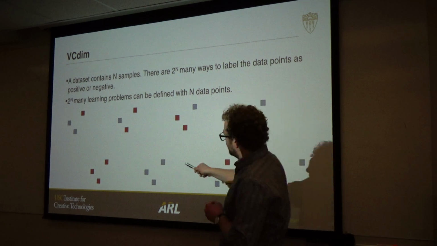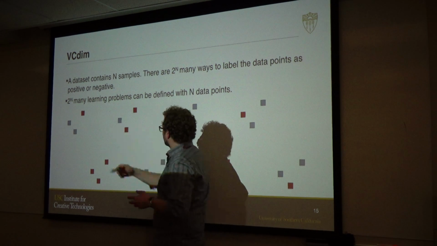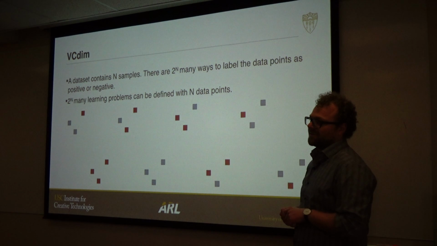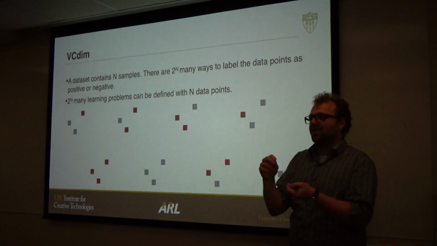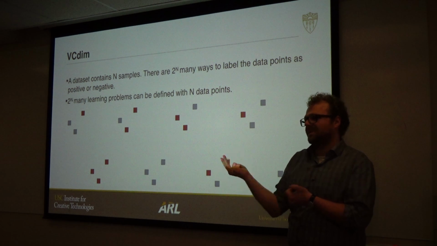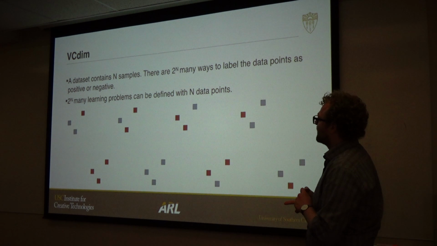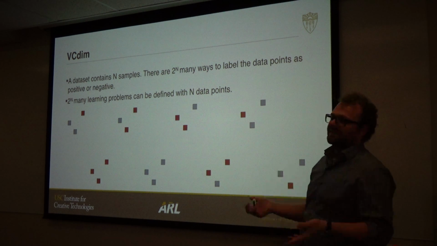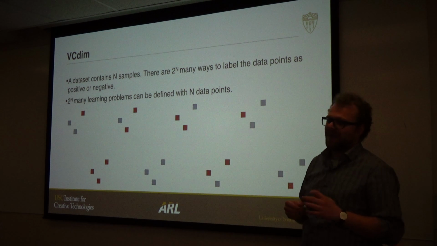They could all be blue, they could all be red, just one could be red, just one could be blue. So we have 8 possible labelings for a data set that just contains 3 data points. That's the first important step we need to take. If we have 4, it's 2 to the power of 4 learning problems that can be defined.